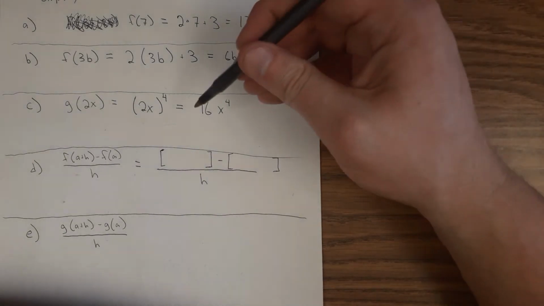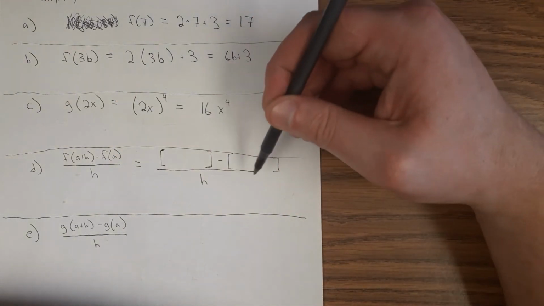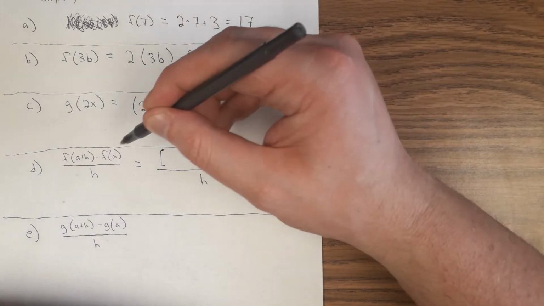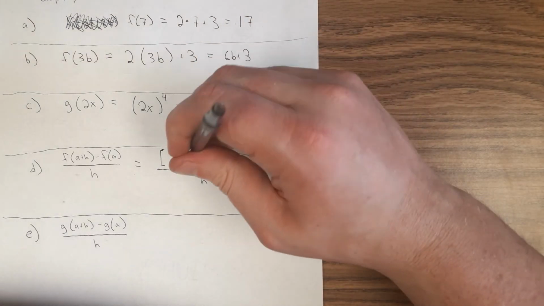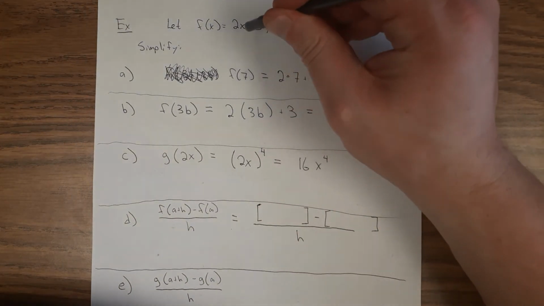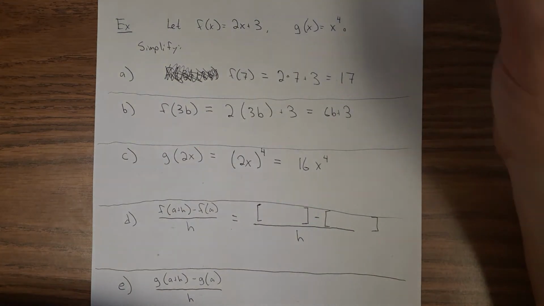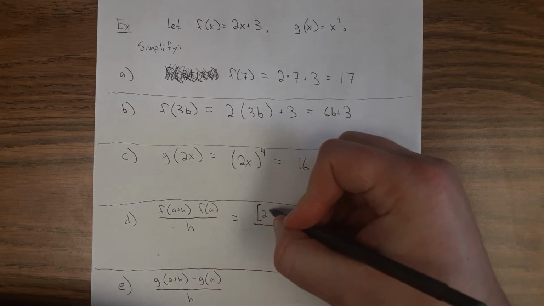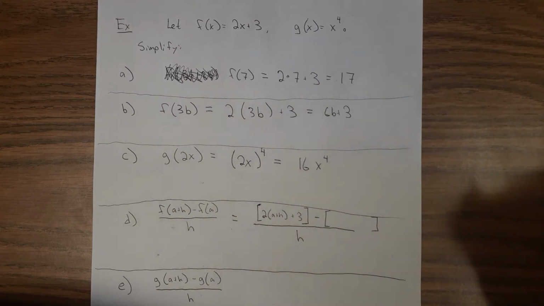In this set of brackets, I'll put f of a plus h. In this set of brackets, I'll put f of a. So here I go. f of a plus h goes here. How do I do f of a plus h? I look at the formula for f, and wherever I see an x, I put an a plus h in parentheses. So 2 times (a plus h) in parentheses, plus 3.